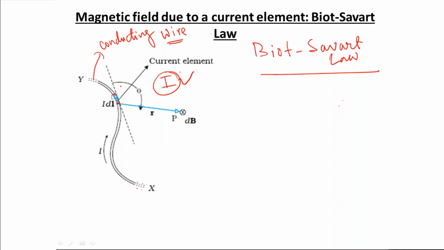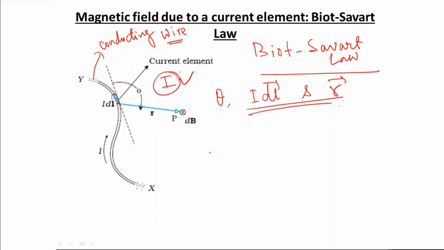And look, the angle between this current element, the tangent I have taken, and this r vector, theta, is the angle between the Idl vector and this r vector.